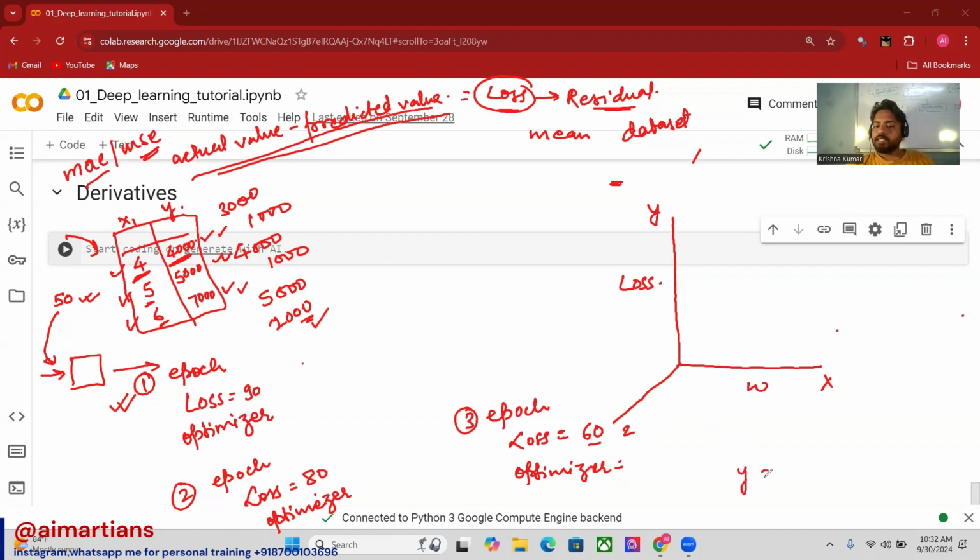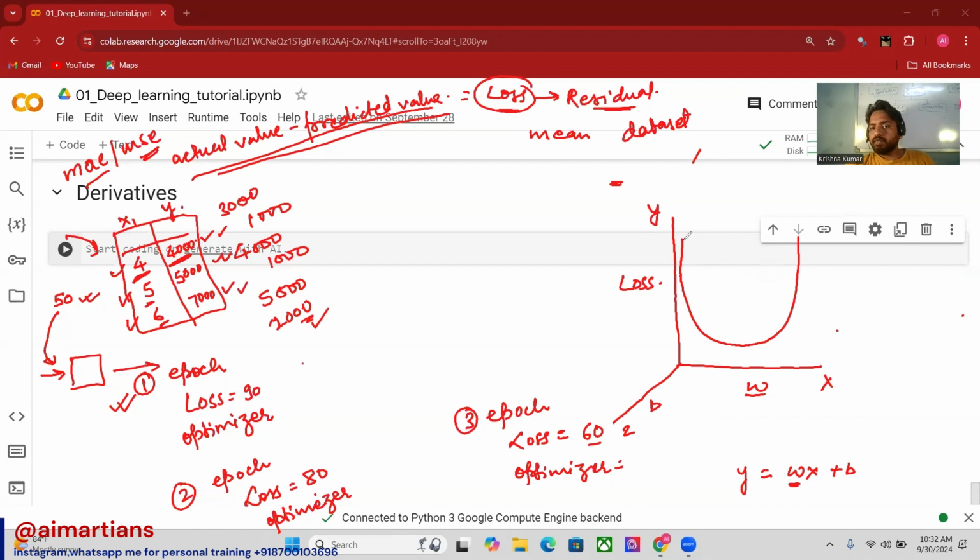Weight of what? y is equal to wx plus b. So this is the weight on x, and on z, this is nothing but b. Such a kind of graph happens.